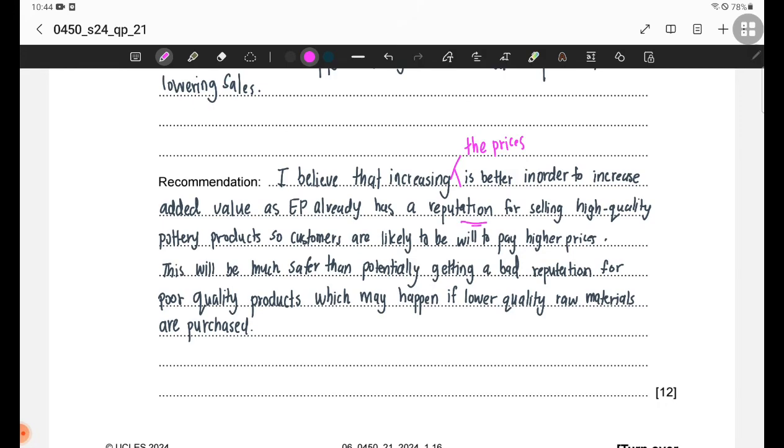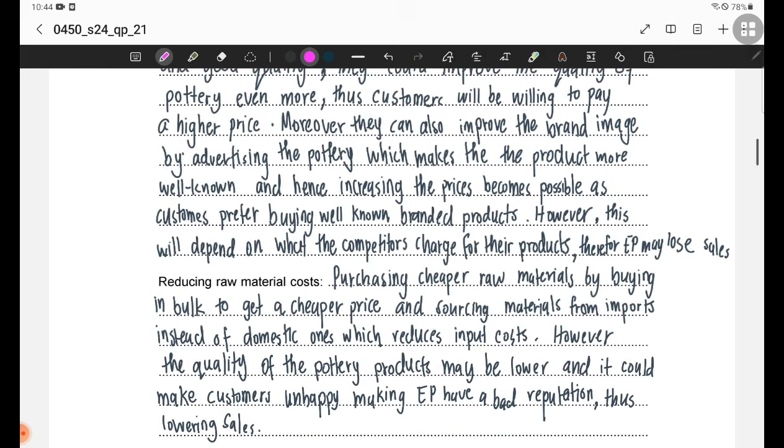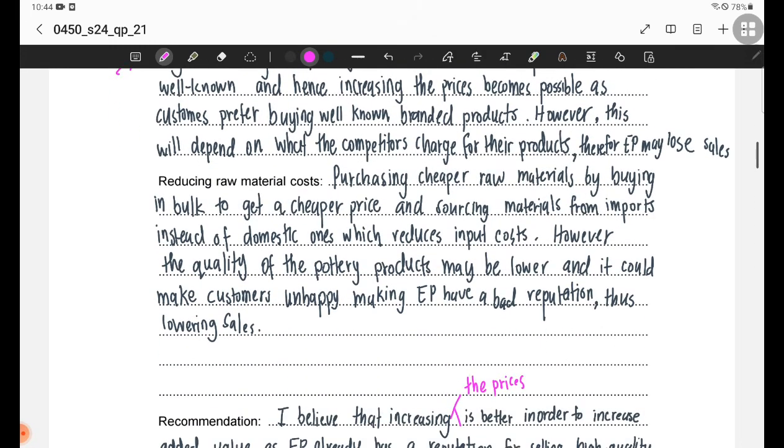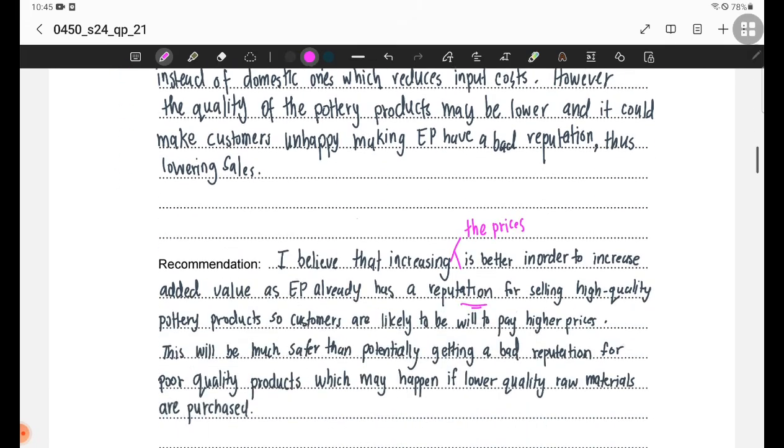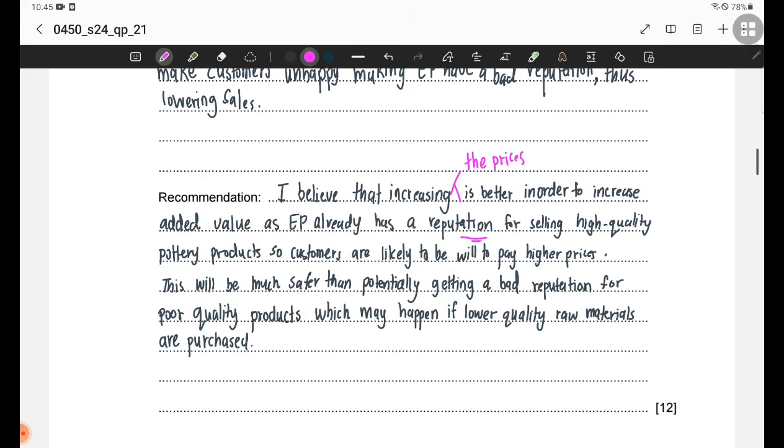So I'm justifying my answer here, and also this one makes sense for selling high quality pottery products, an application here. So customers are likely to be willing, I didn't have space here, but willing to pay higher prices.